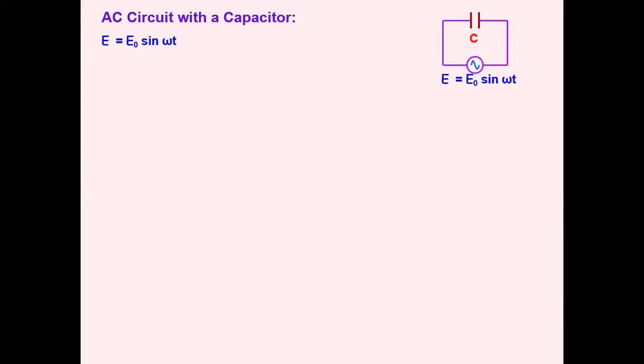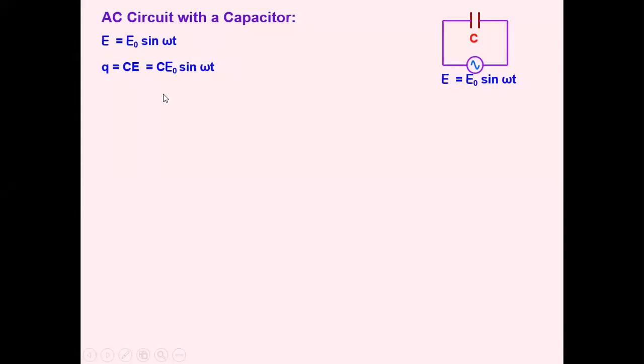So the value of alternating EMF at any instant of time is called instantaneous value, and we write this as equation 1. Here omega t is the phase of the alternating EMF.